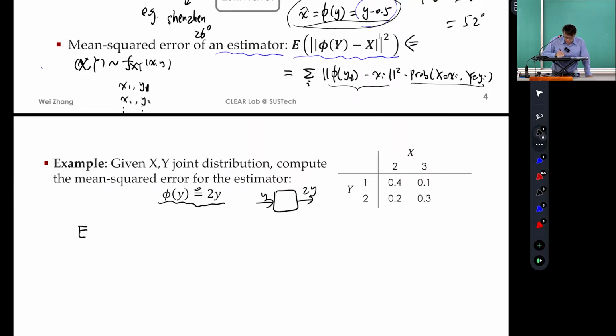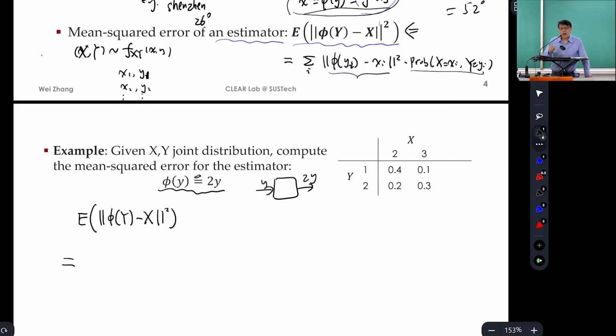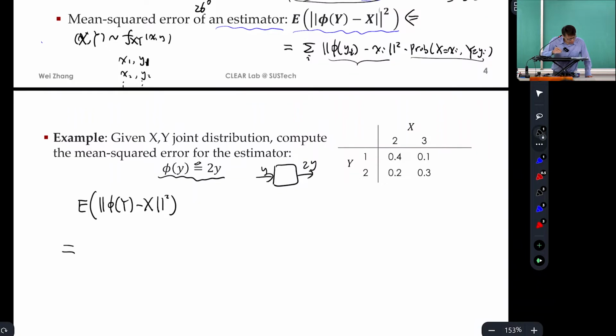All right, so how do you compute this? Let's plug into the definition. This is phi of y minus x squared. I need to make sure on average this error is small, right? We have to be able to compute the average. How do you compute this?